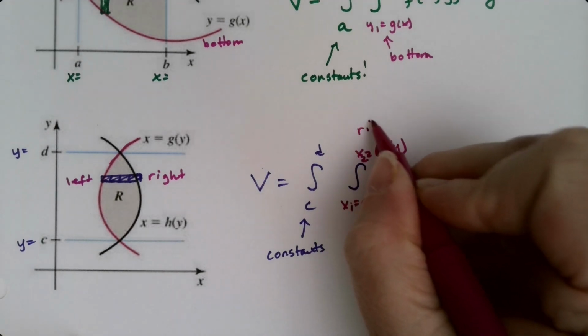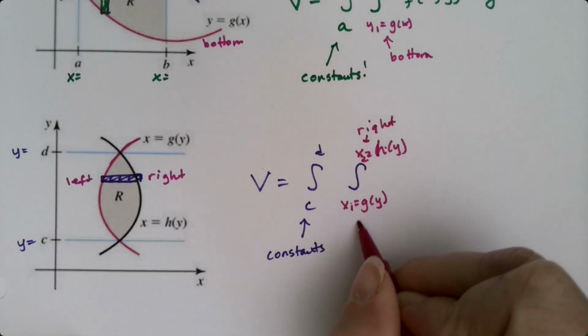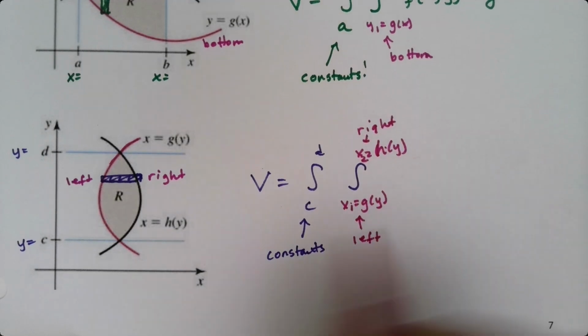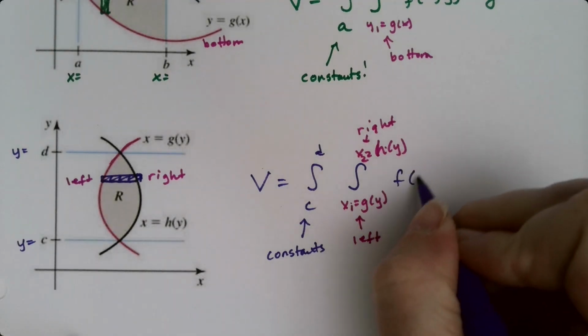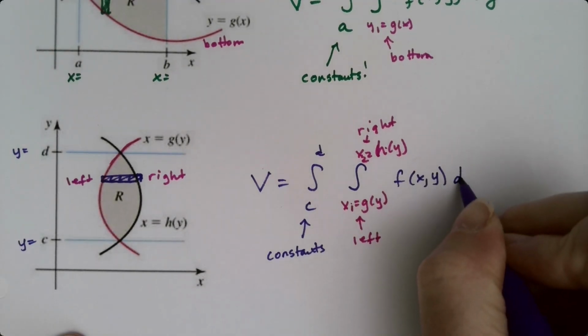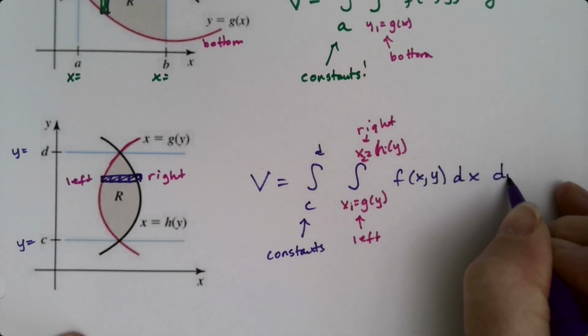This is the right, and this is the left of that approximating rectangle. And then I'm going to stack the rectangles from c to d. So have my function f of xy, and then I'm going to say dx, dy.